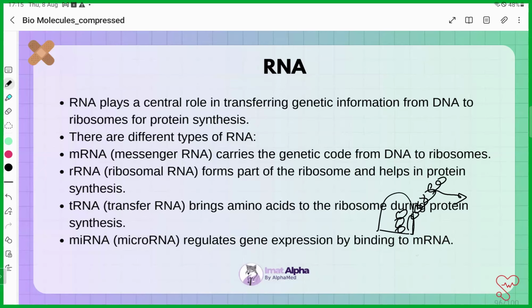This depends on the transcription and regulation of gene expression. The main RNA type is the microRNA, and it binds to the mRNA.